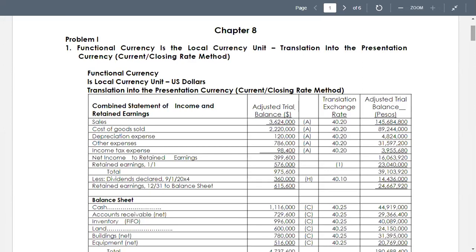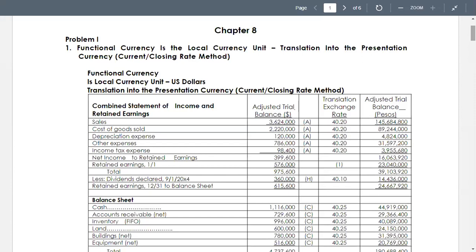The activities are based or conducted in a country or currency other than that of the reporting entity. We have the term closing rate, the spot exchange rate at the balance sheet date, spot rate, the exchange rate for immediate delivery, and presentation currency that is used to present the financial statements.